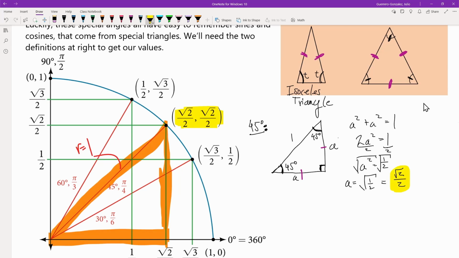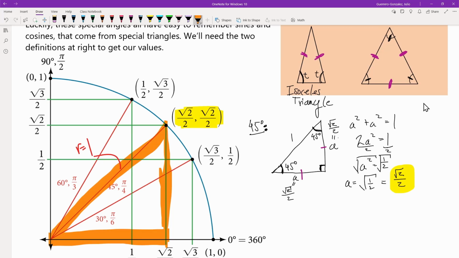I will show you guys how to do this in class. Okay? So that means both of these lengths are equal to the square root of 2 over 2, and this is also equal to the square root of 2 over 2. Okay?